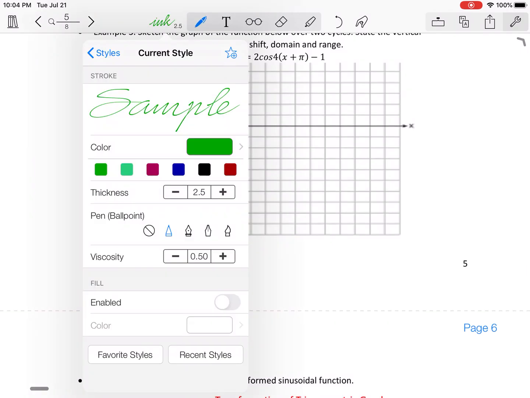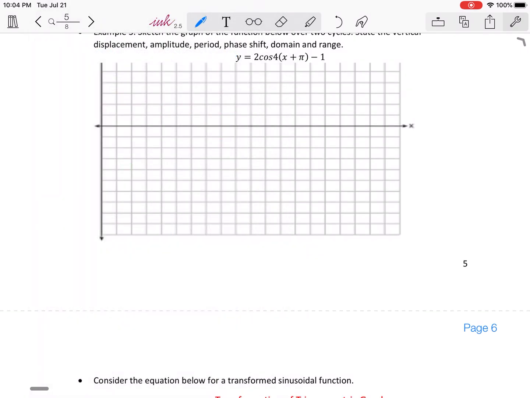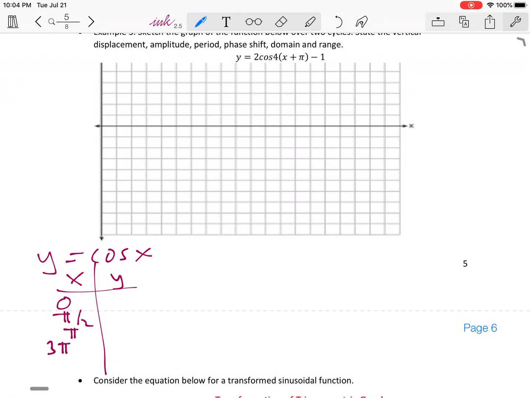Okay, so let's start with the cos x, and we're going to be using pi here. Okay, so again here's 0, pi over 2, pi, 3 pi over 2, and 2 pi. Okay, and 1, 0, negative 1, 0, 1.